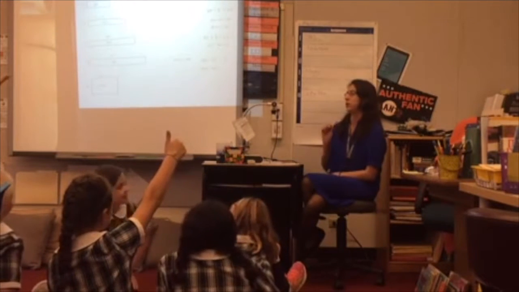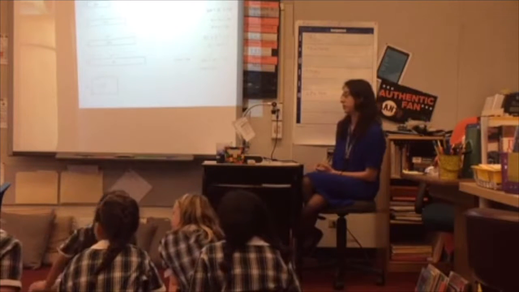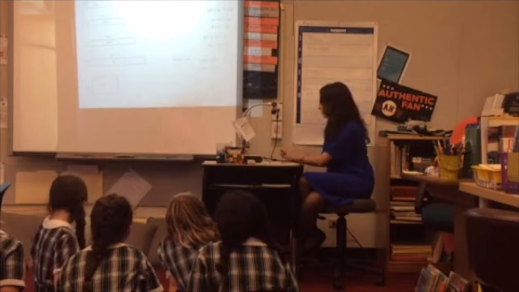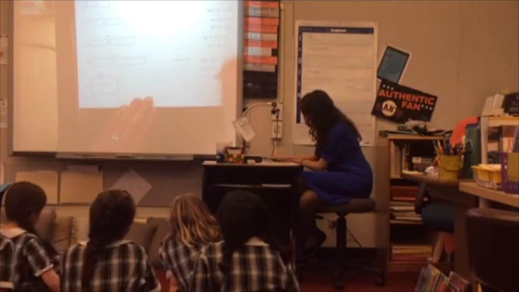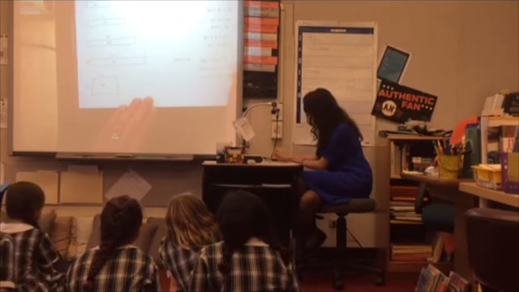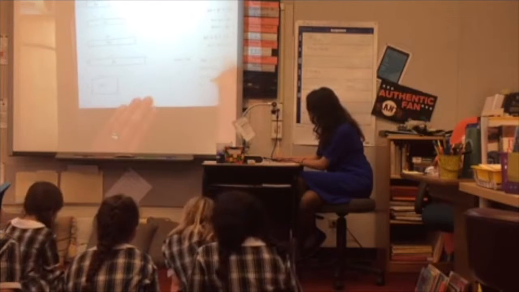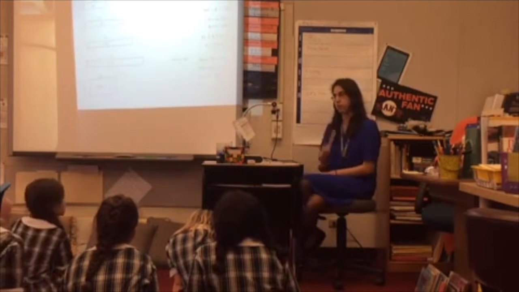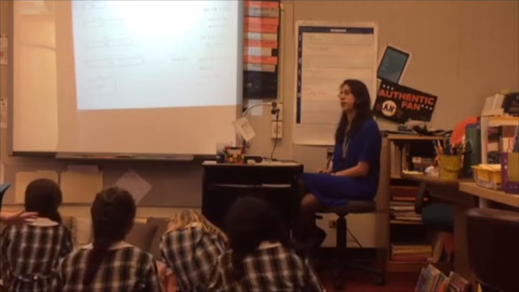You're right. There's a difference of 14. What are you thinking, Noelle? I think the answer would be 11. Because you're adding another 14. It's like adding another group of 14.